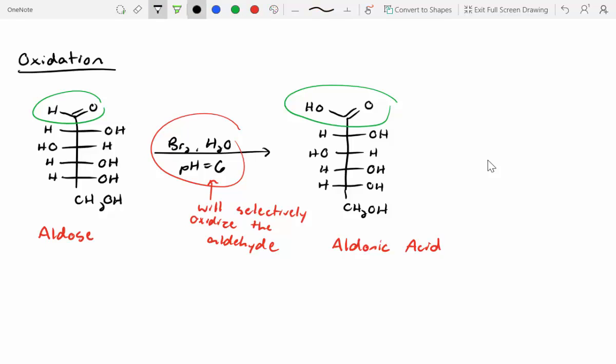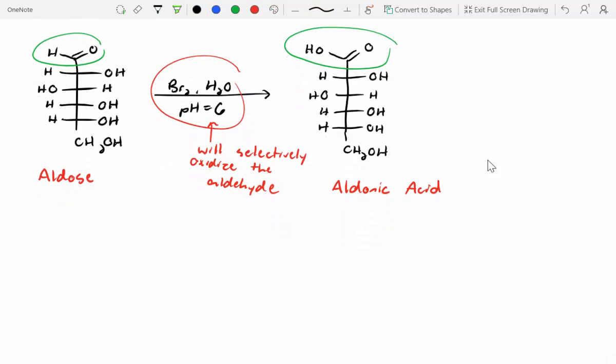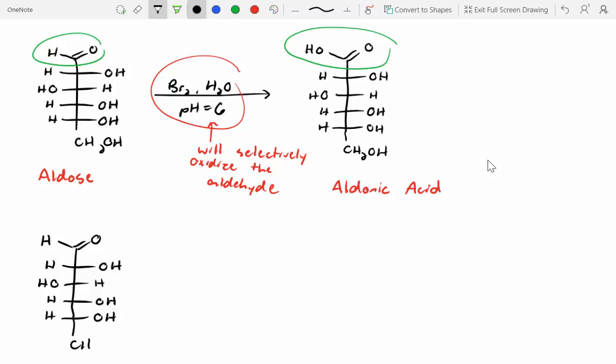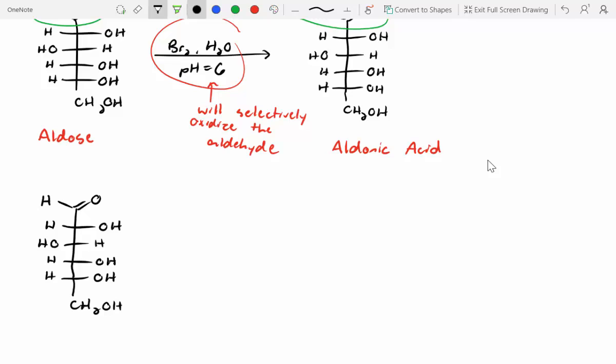The last oxidation we want to do involves a double oxidation. So we've got OH, OH, H, OH. However, what we want to do is oxidize the aldehyde and the primary alcohol both to carboxylic acids.